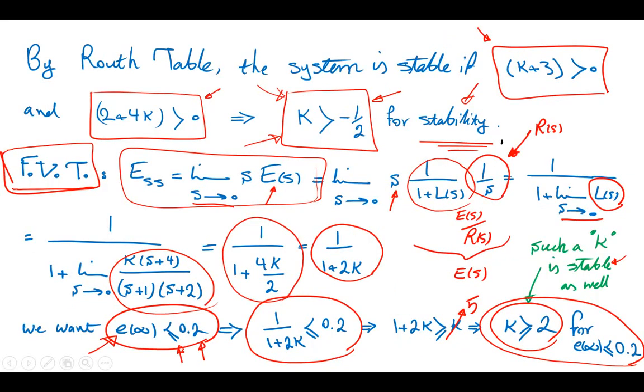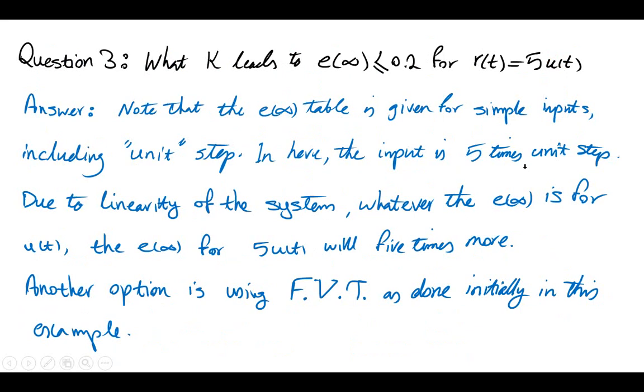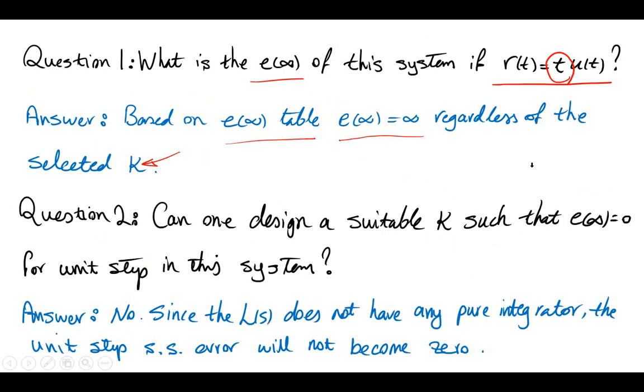Looking at the loop gain function, whatever K you pick will not create a pole at the origin, because K is supposed to be a constant, a number. So it cannot change the system type, and when we have the system type of 0, the ramp input will result in a steady state error of infinity.